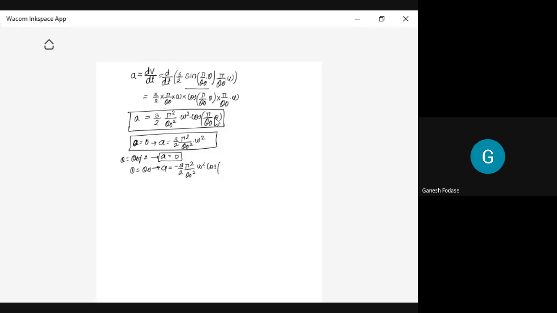So this is your acceleration value, the magnitude of acceleration at theta is equal to theta o. So acceleration is maximum where? Yes, A is equal to A max at theta is equal to 0 and theta is equal to theta o.